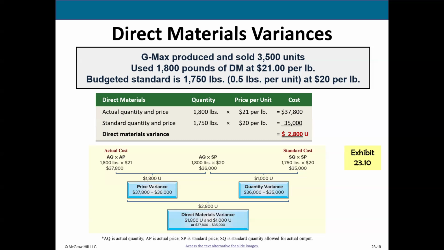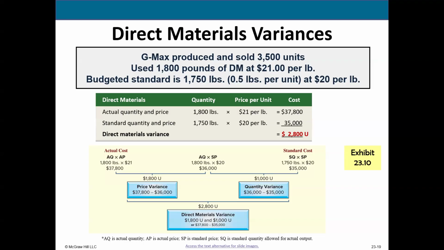Then we compute the middle variance, which is the actual quantity times the standard price, which gives us $36,000. Now, once I have that first figure of $36,000, I just take my actual minus it, which gives me the price variance in this case, which is $1,800 unfavorable.